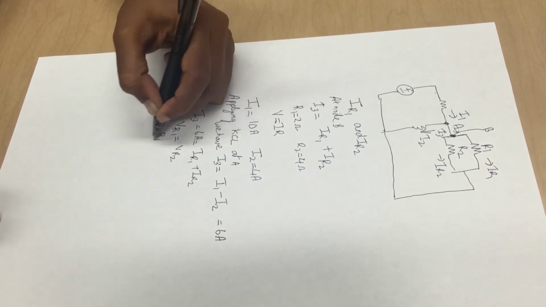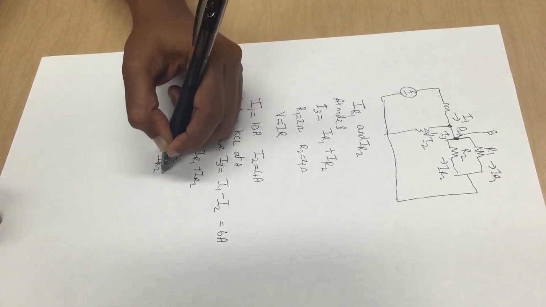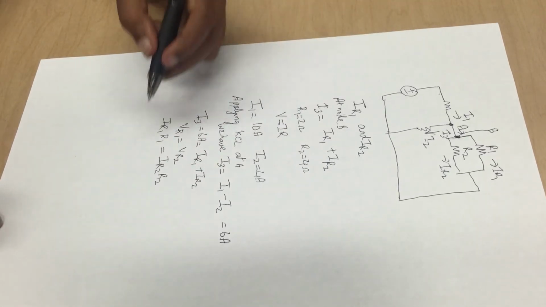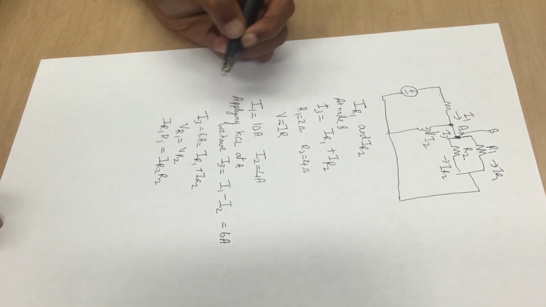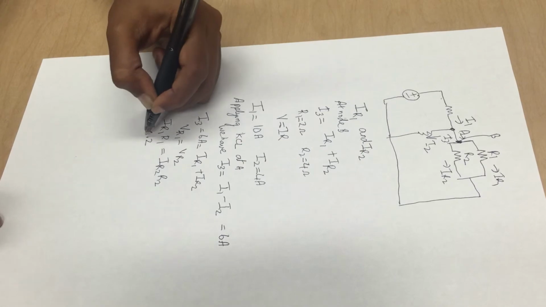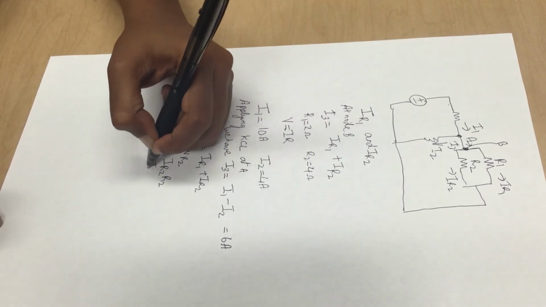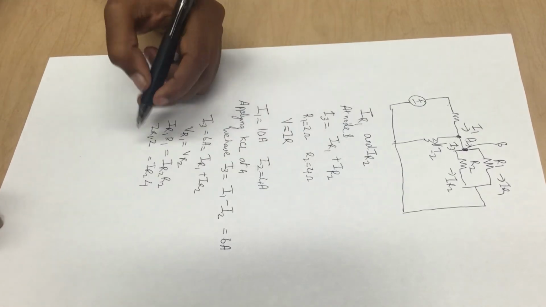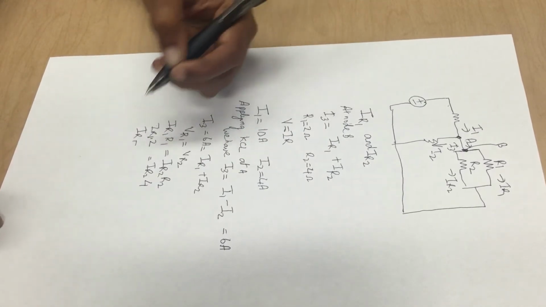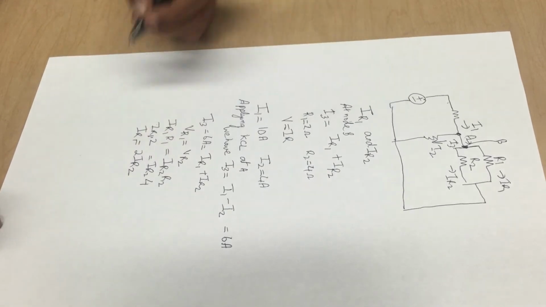IR1 times R1 is equal to IR2 times R2. R1 is 2 ohms and R2 is 4 ohms. IR1 is then 2 times IR2.